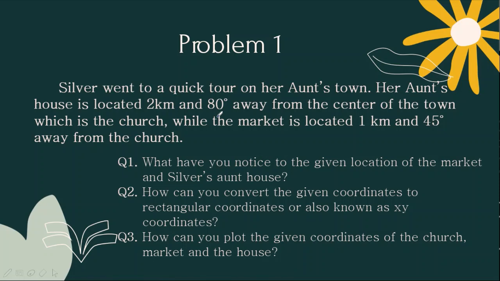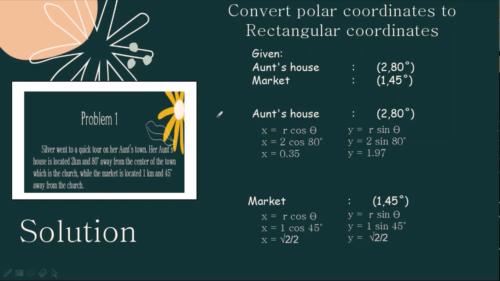Number two, how can you convert the given coordinates to rectangular coordinates, also known as XY coordinates? We've already discussed it earlier. We need to use the formula in finding the x and y variable. So let's have number three, the conversion. We will convert the polar coordinates to rectangular coordinates.